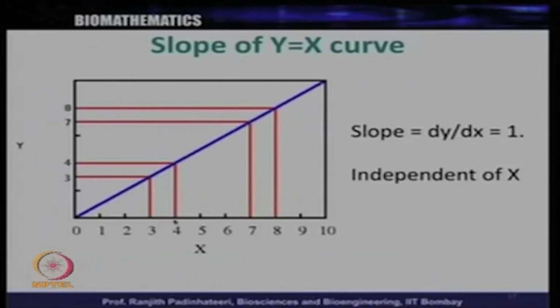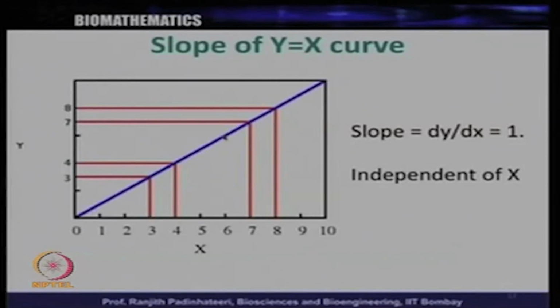Now, instead of taking 3 and 4, let us take 7 and 8 as you see here. If you plot a line from 7, you end up at 7. You plot a line from 8, the corresponding y value is 8. So, 8 minus 7 is 1, and here also 8 minus 7 is 1. So, the change in x here is 1, the change in y here is also 1, so dy by dx is 1.